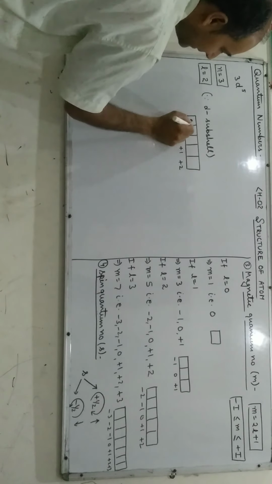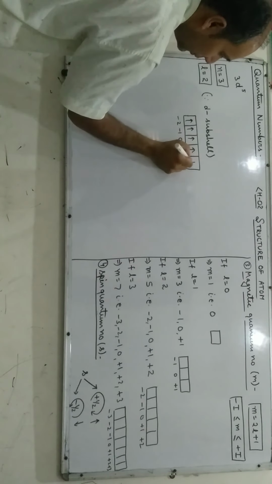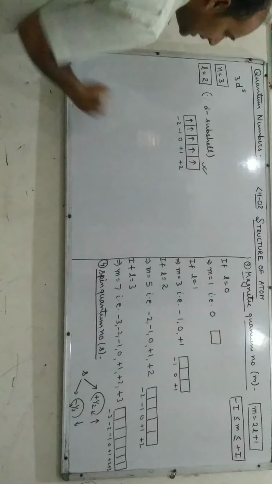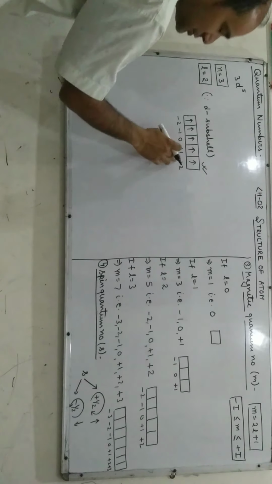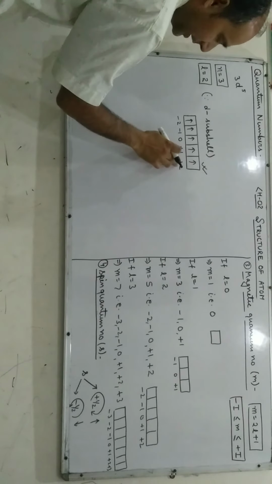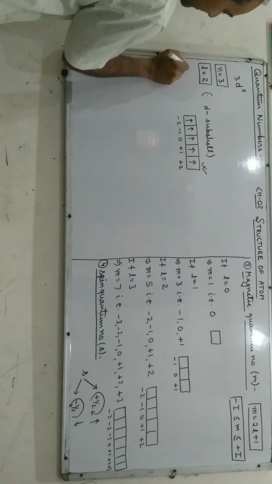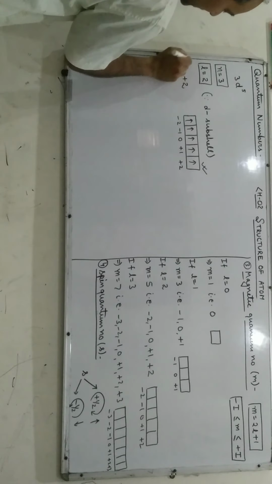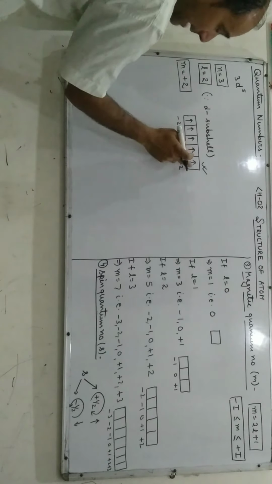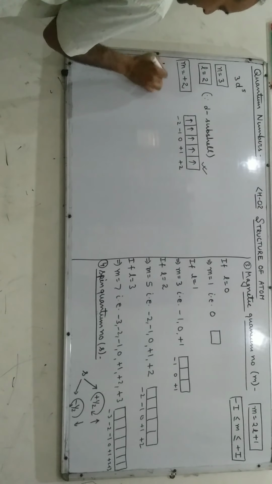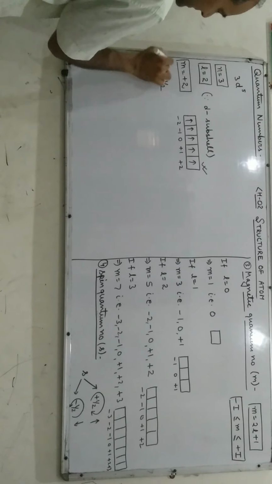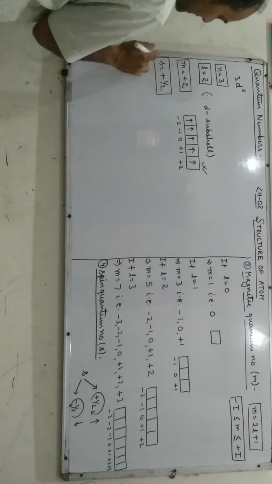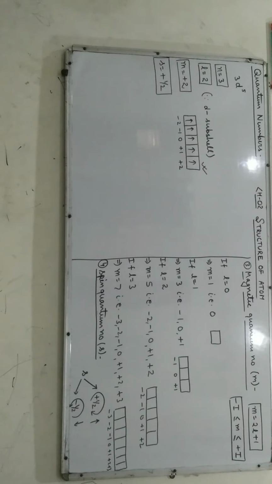Now fill them in this manner: 1, 2, 3, 4, 5. We will notice the last electron enters the plus 2 orientation orbital. Thus, the value of m comes out to be plus 2. Since the upward arrow is there, the value of s is plus half. So these are the various quantum numbers associated with our given problem 3d5.